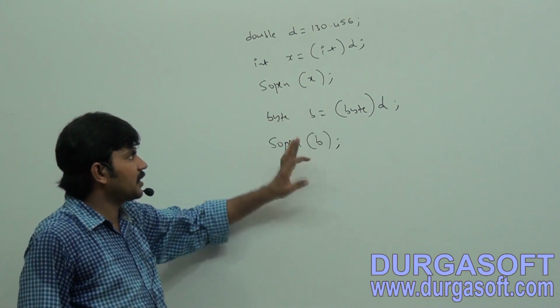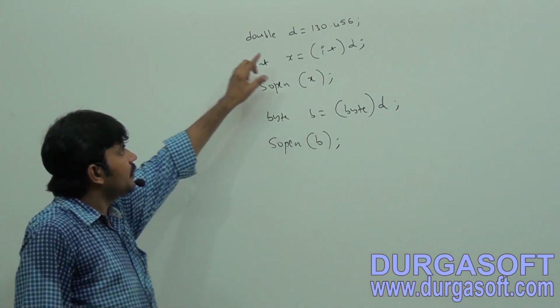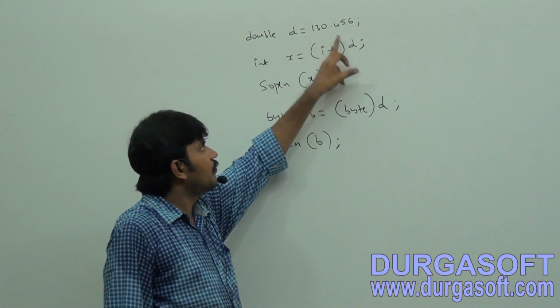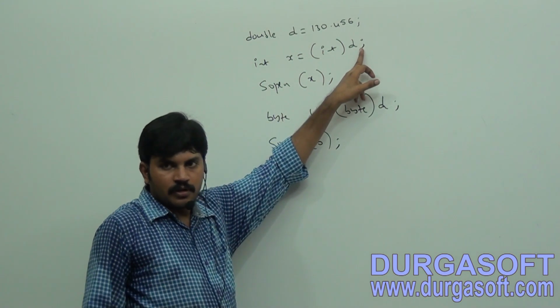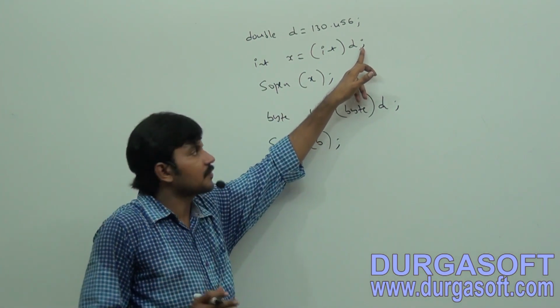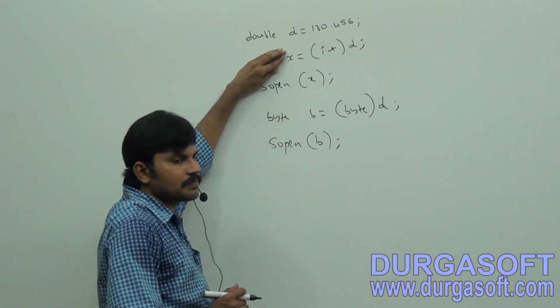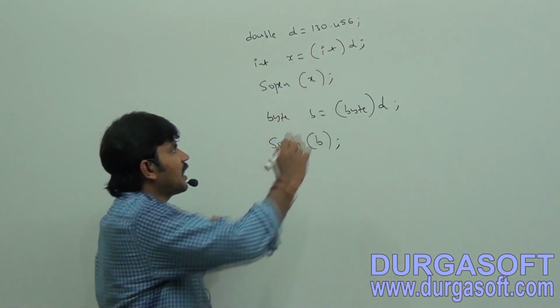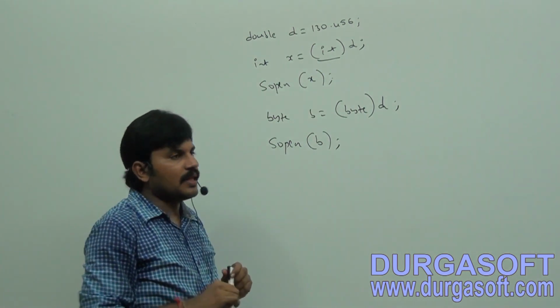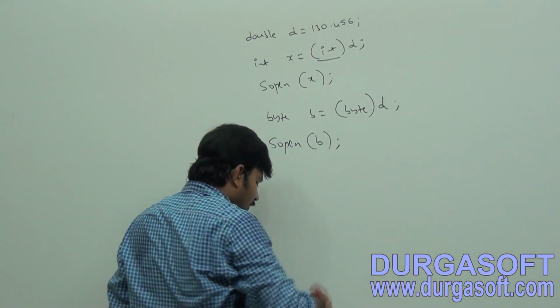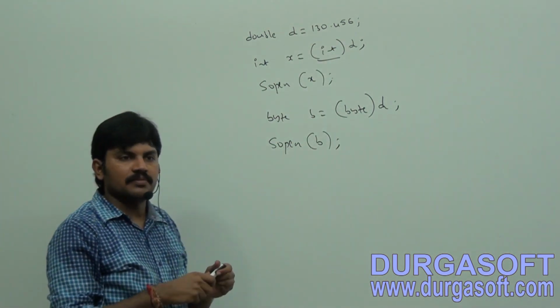Now take special care. Sir, here D is 130.456. Whenever we are assigning floating point values to an integral type by explicit typecasting, the digits after the decimal point will be gone. Are you getting it?